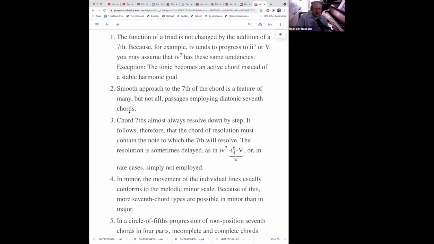Yeah, so the book says neighbor motion is used in all motion into and out of the 7 diminished 7th chord. So, oh, I turned my little pencil off. Stepwise motion.